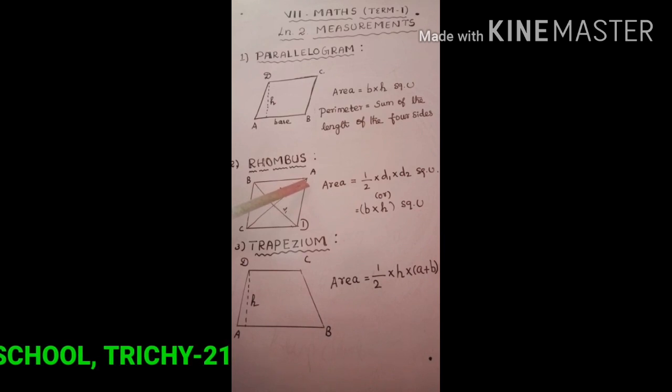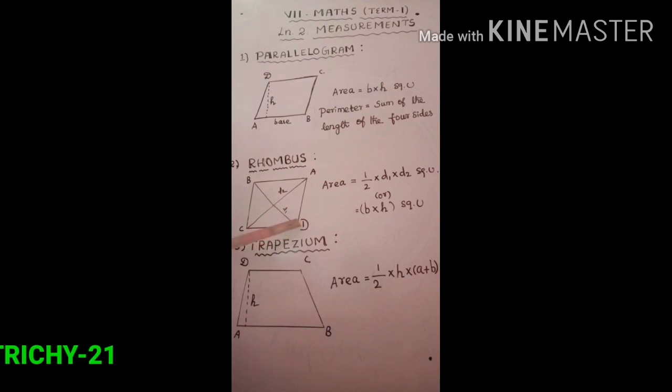And also, opposite sides are parallel. That is, AB is parallel to CD, BC is parallel to AD. And also, the diagonals divide the rhombus into four right angles. The diagonals bisect each other at right angles.